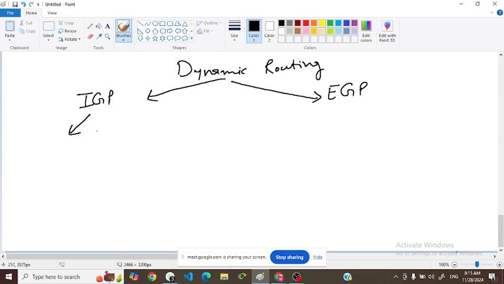First one is DVRP, second one is ADVRP, third one is LSRP. And for EGP, there is a type of protocol, PVRP.